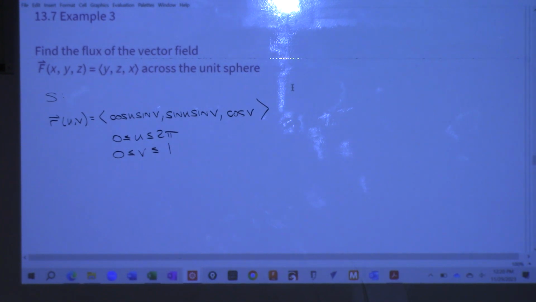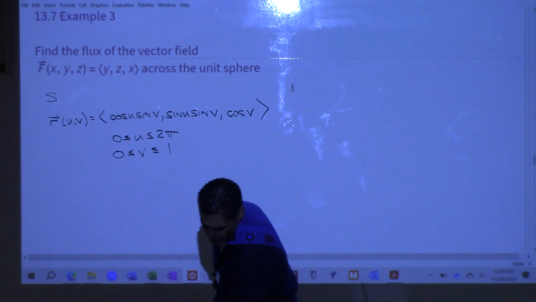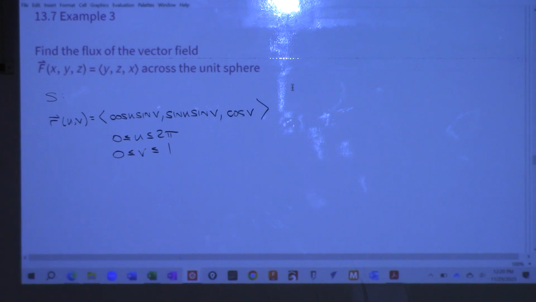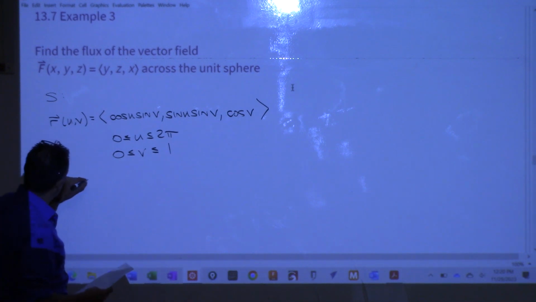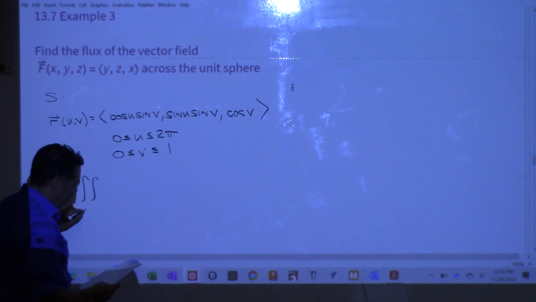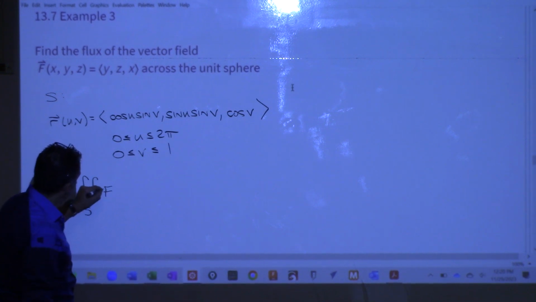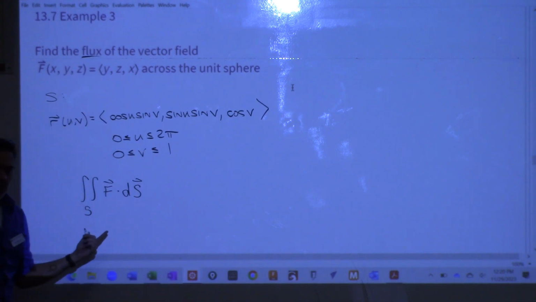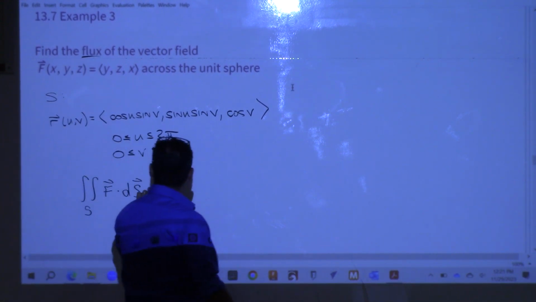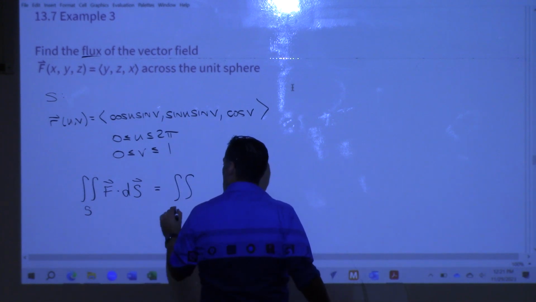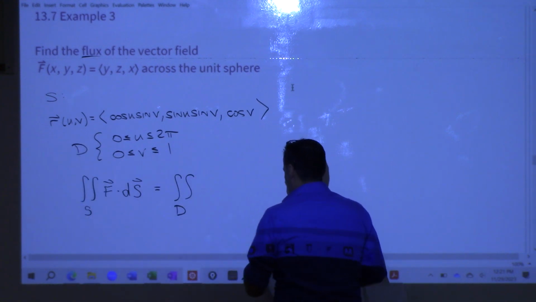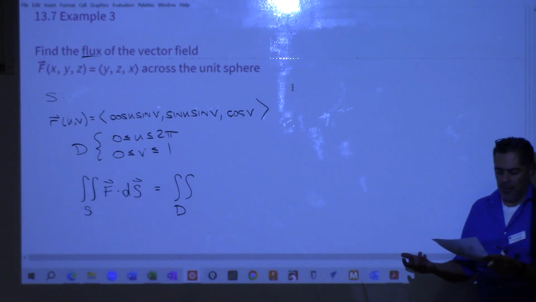So that's my r. Okay, I need to know my field, don't I? I'm looking at this formula E. I'm now going to do this double integral over S of F dot dS. This is flux. It's asking for the flux. I put the flux formula right here. This really means for us, because we're using this formula E, this is the double integral over D, where D is this domain right there, of, okay, what do they mean here, just capital F, the vector field?